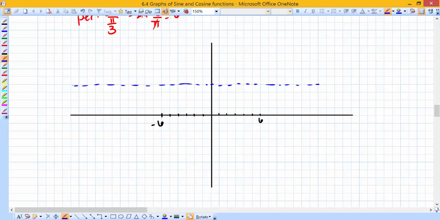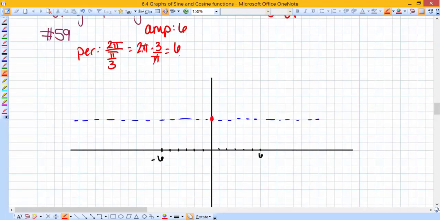So instead of starting at 0, 0, I'm going to start my graph where 0, 0 would be, but on the midline. My period, which is 6, is still going to be my end, but instead of ending on the x-axis, we're going to end on the midline. So it's still the same idea.